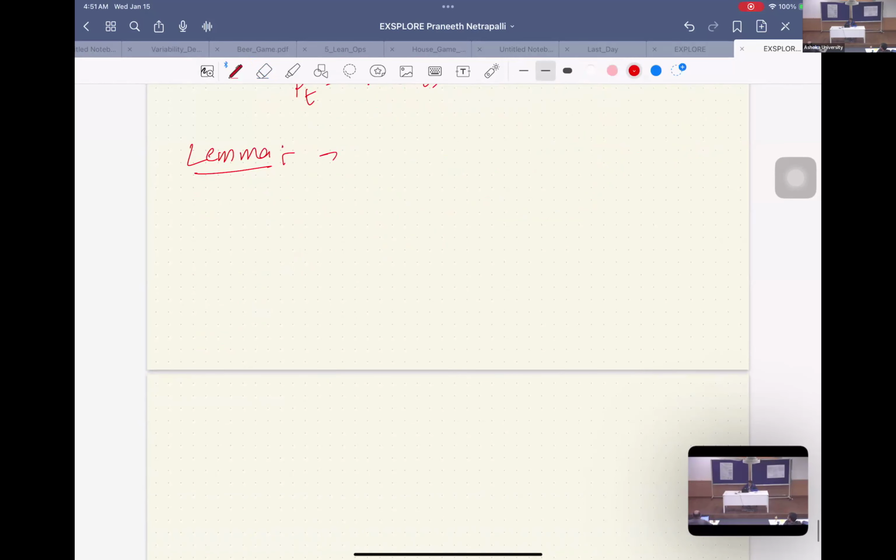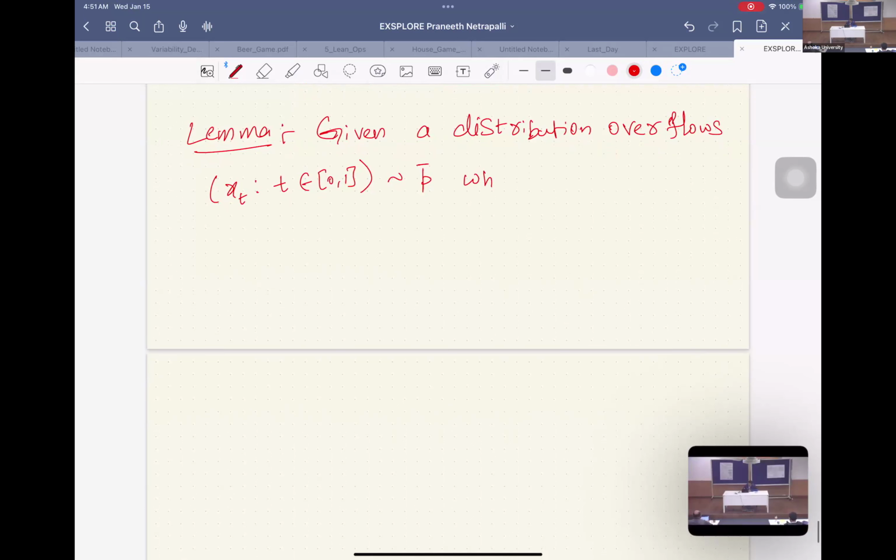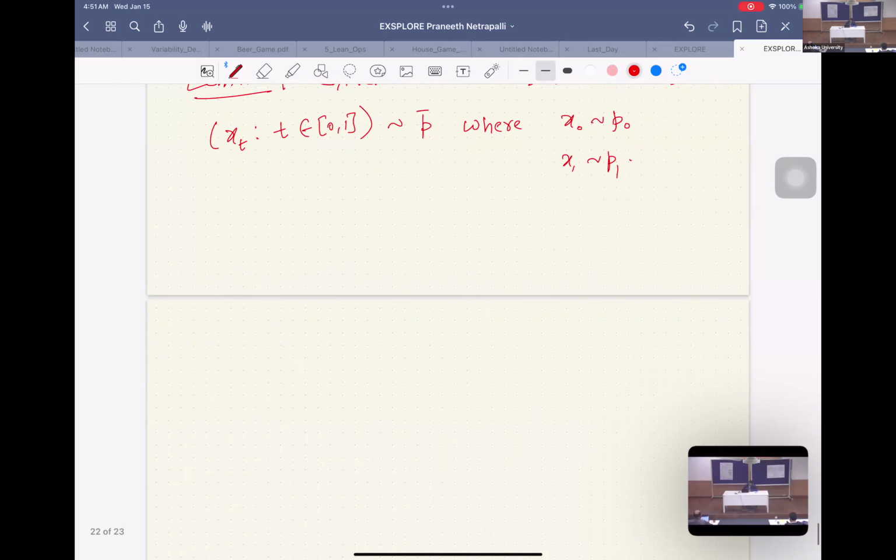So let's say we are given a distribution over flows. So these are no longer Markovian. So we have xt for t between 0 and 1 from some probability distribution where x0 comes from p0 and x1 comes from p1, right?